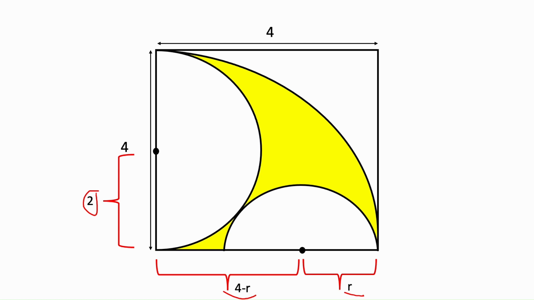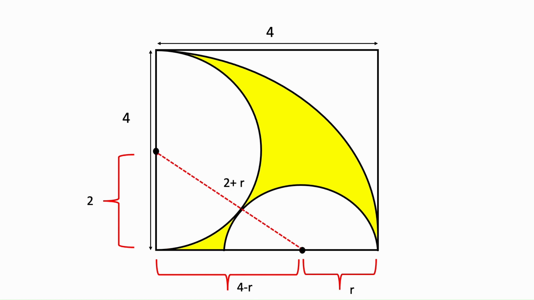We have a 90 degree angle because we have a square here. So if we draw a line from the center of one circle to the other, we can see a triangle here, in which one of the angles is 90 degrees. So we kind of know how we can find r here.